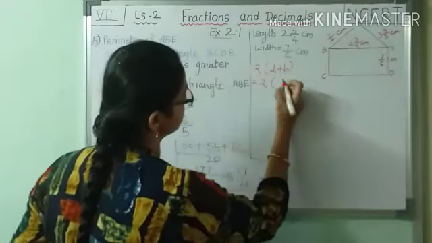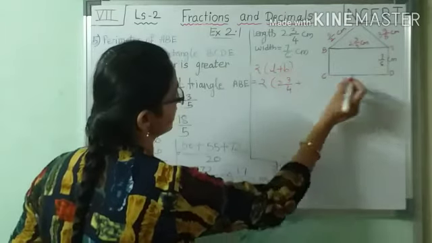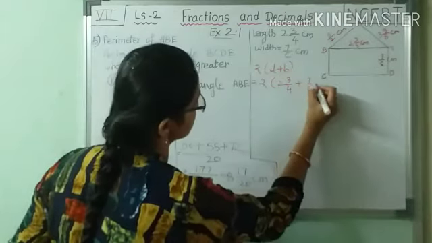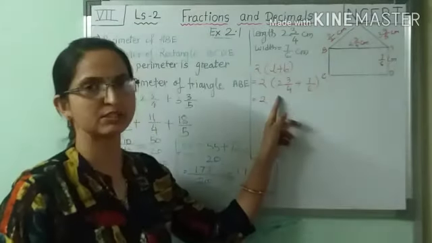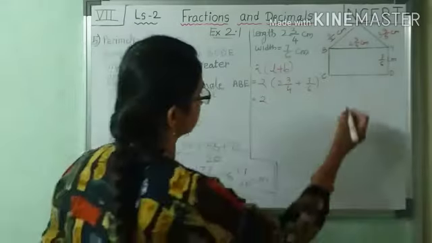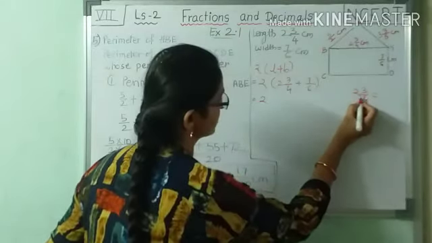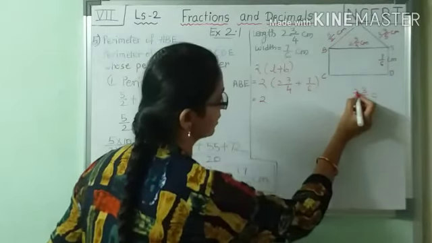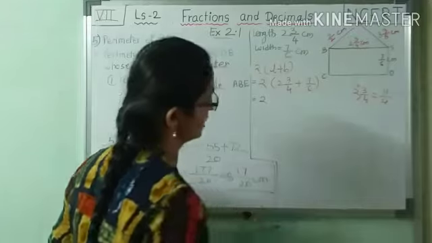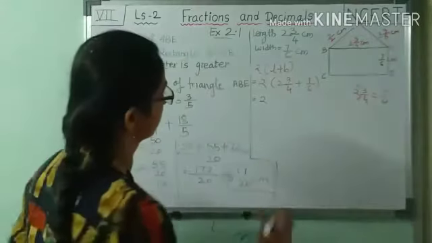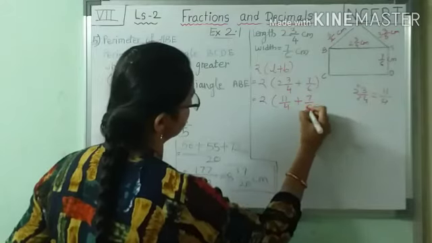Length is 2 and 3 upon 4 plus breadth 7 upon 6. First of all, convert this mixed fraction into an improper fraction. So 2 and 3 upon 4: multiply these two numbers, 2 4s are 8, 8 plus 3 is 11. Write the denominator as it is. So 11 by 4 plus 7 upon 6.